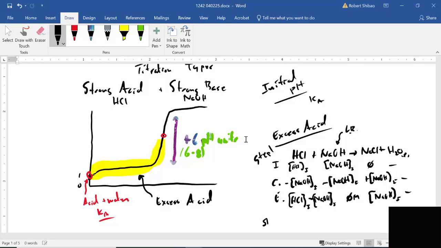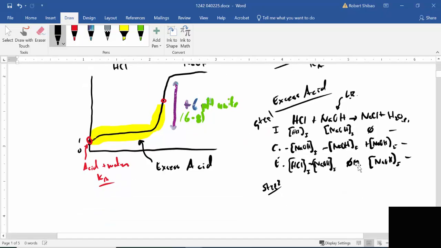In step 2, we look at what we have left over. In step 2, we have the acid plus neutral salt. Actually, this is a common ion problem, but it's a special one in which the conjugate base of the acid is too weak to be considered as acidic.